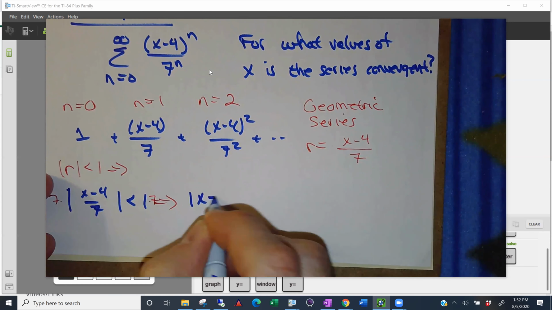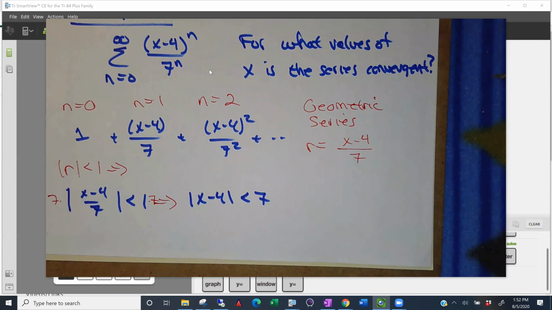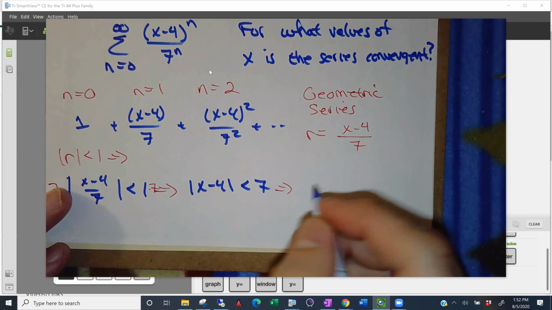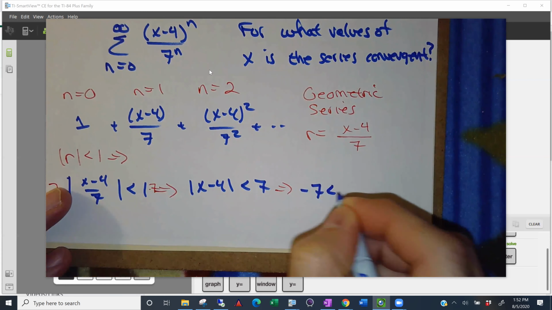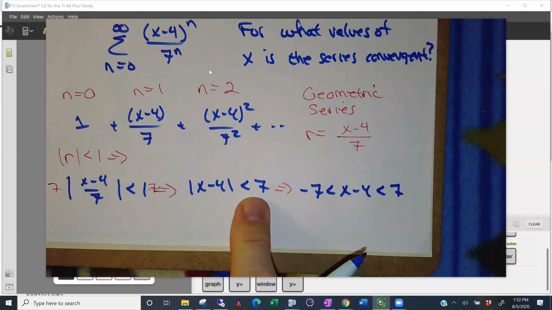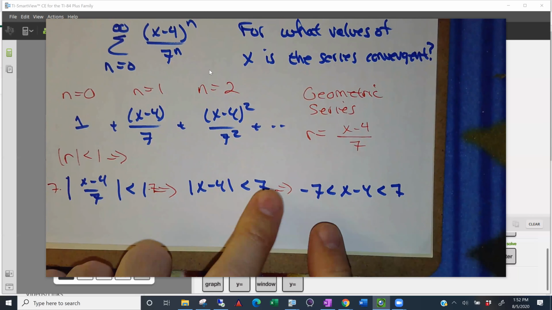Absolute value of x minus 4 is less than 7. And hopefully it's not been too long since you solved these kinds of problems. This would mean negative 7 is less than x minus 4 is less than 7. In other words, the absolute value of this has to be trapped between positive and negative 7.